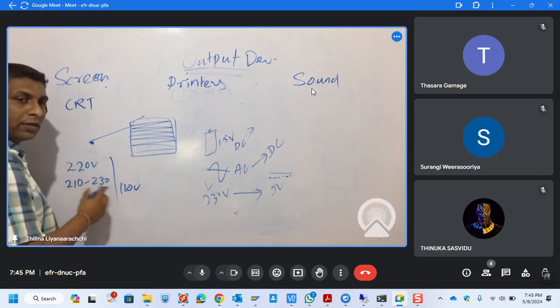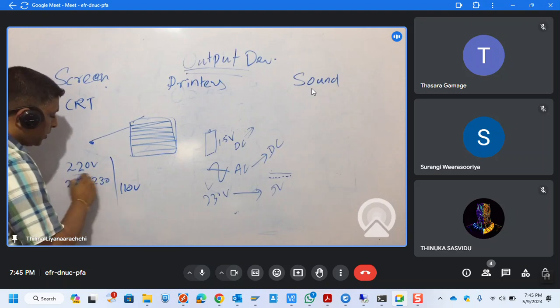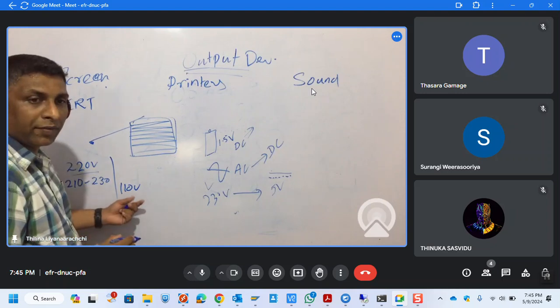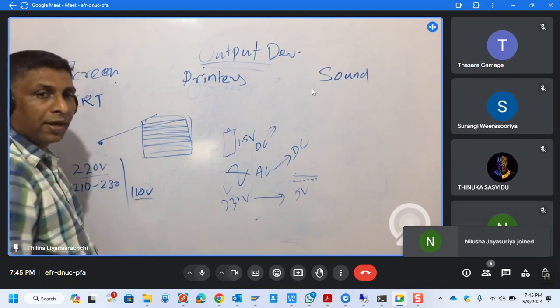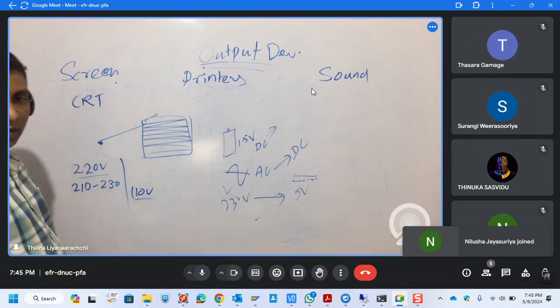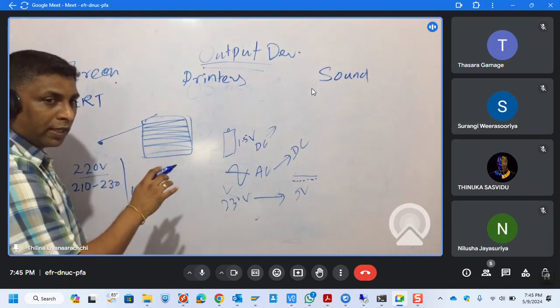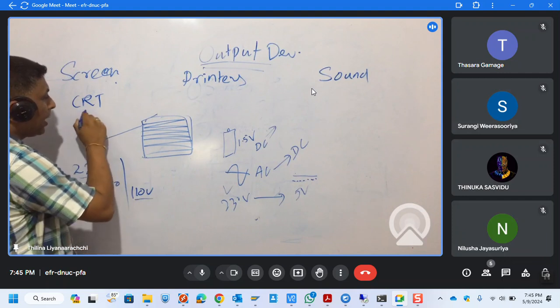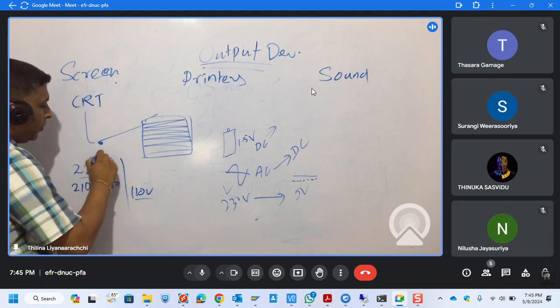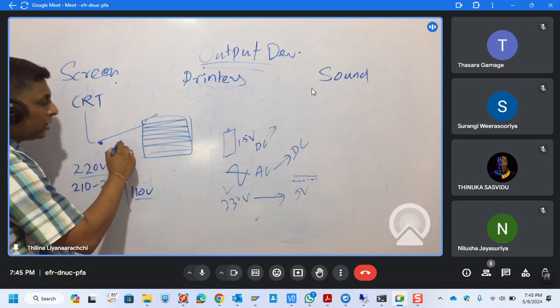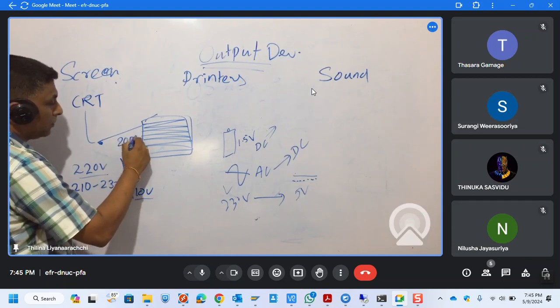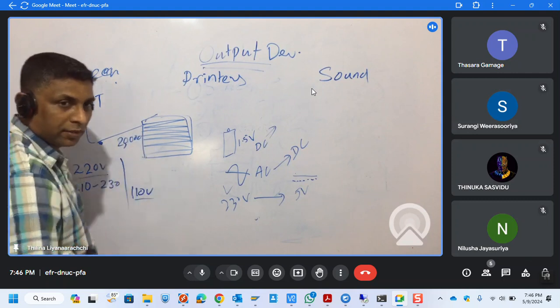In Sri Lanka we use 220 volts, while countries like Japan use 110 volts. That's our input voltage. Inside the cathode ray tube, it will increase the voltage up to 20,000, sometimes more than that.